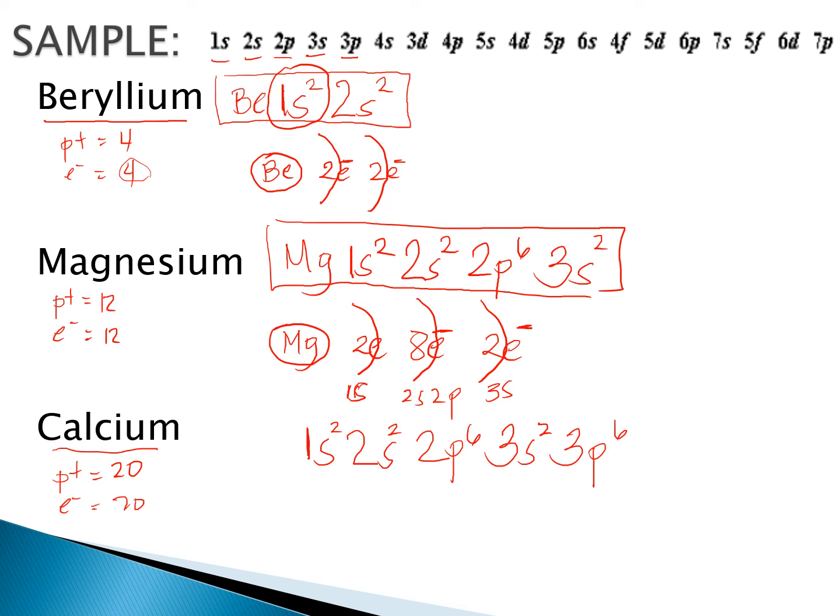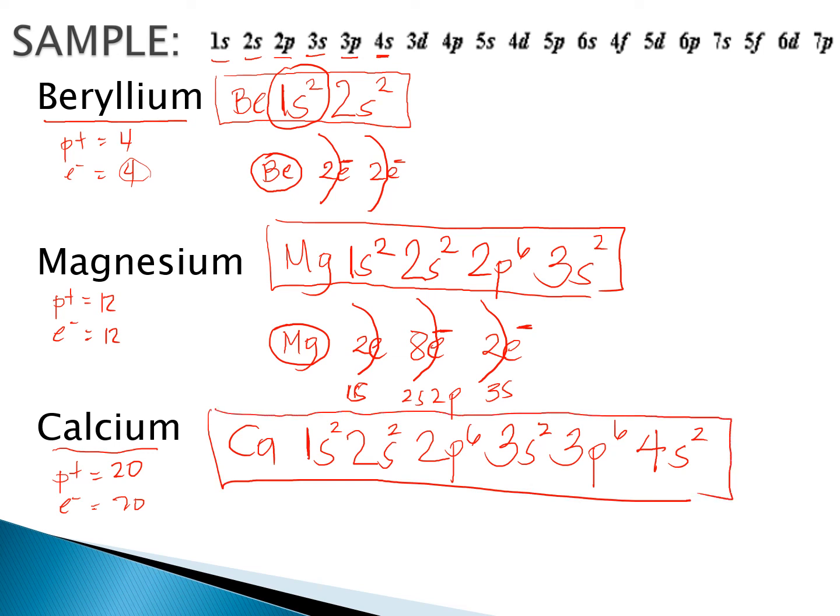But we are expected to allot 20 electrons. So there are 2 more electrons to go. So we will continue with 4s2. So this is the electronic configuration of calcium: 1s2, 2s2, 2p6, 3s2, 3p6, 4s2.